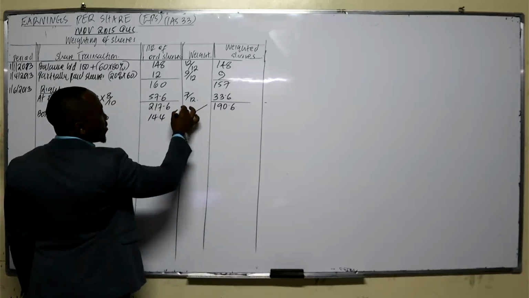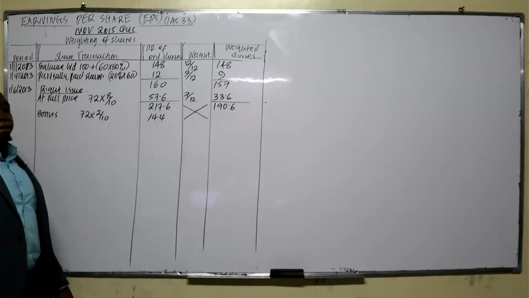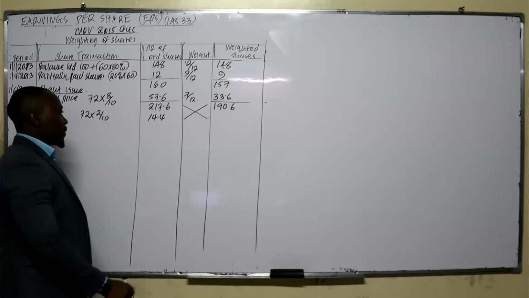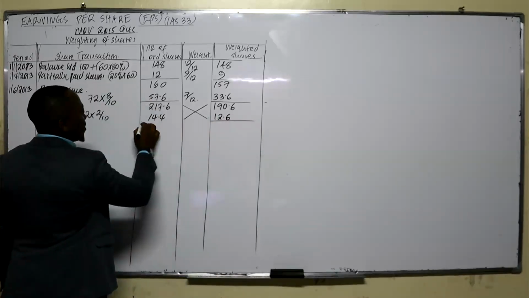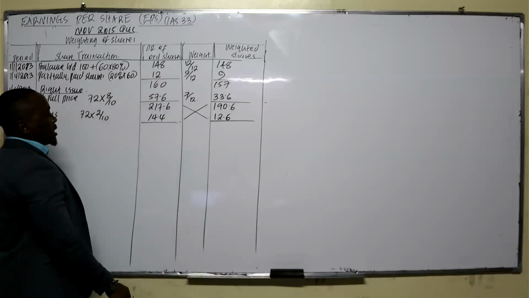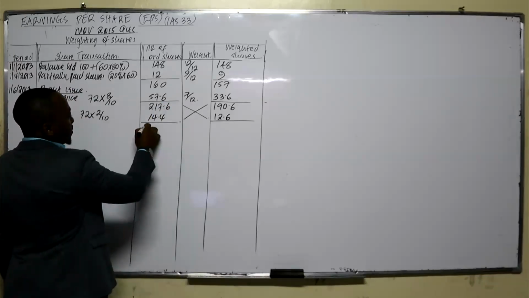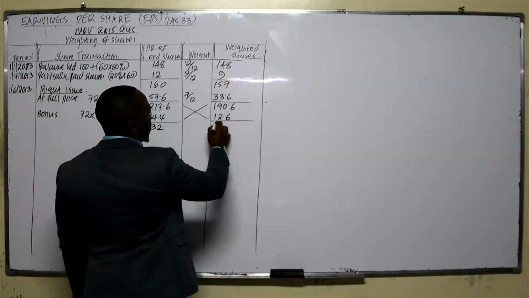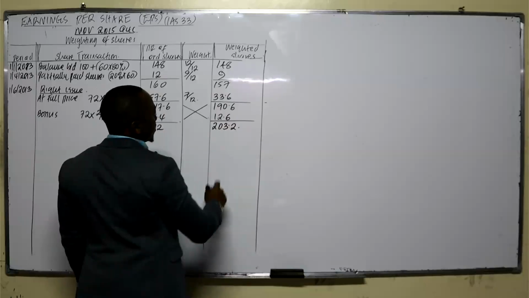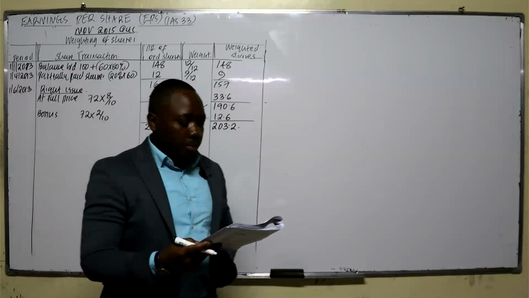So you just cross multiply. You get? 0.6. Then after every share transaction, you sum up. That is 2, that 2, right? This is 3.2. Good. Number 3.